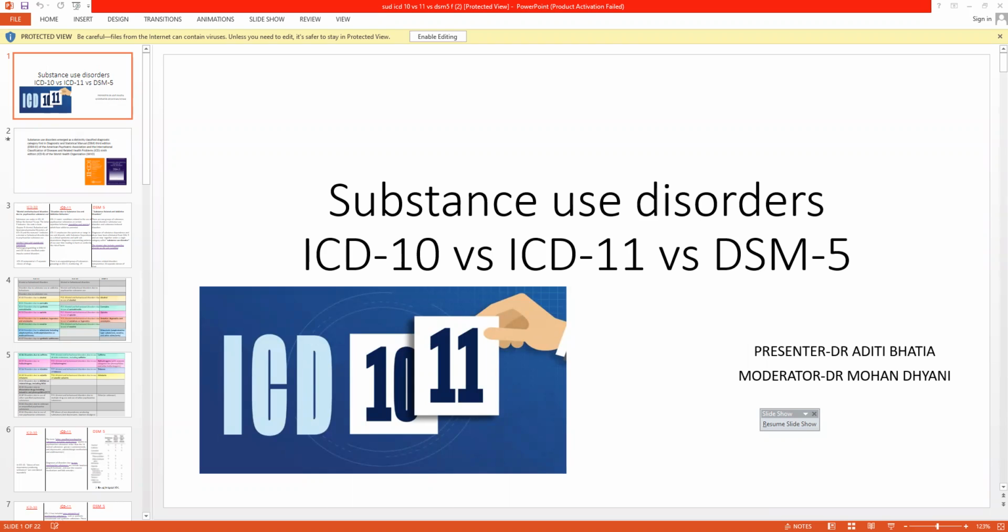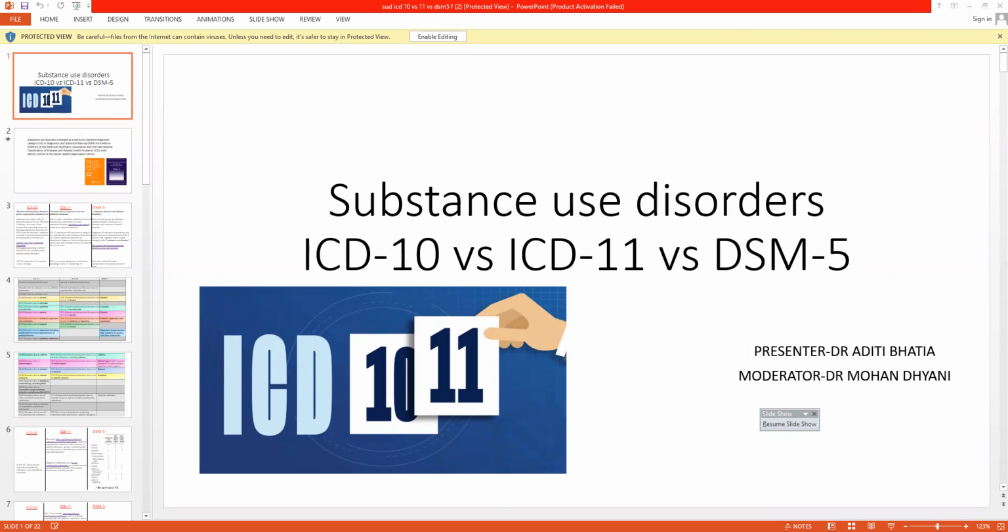It was only in ICD-10, ICD-11 has removed it. If there are more than one or two substances, then we can use other specified or unspecified. We can make a comorbid diagnosis, I think.